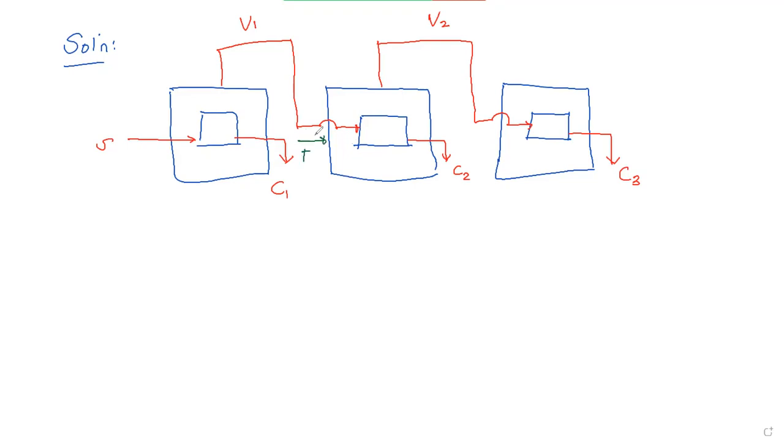This is where your feed is. The concentrate from the second effect will be further concentrated in the third effect. So this is L2, still labeled as L2. And this is the feed, it's being fed to the third effect.